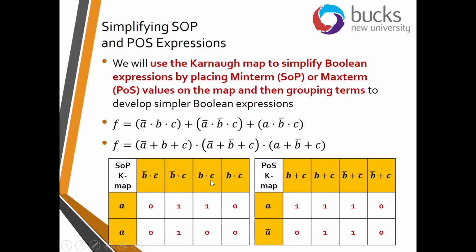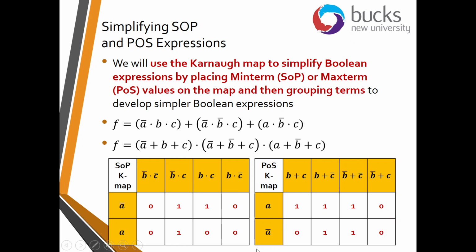Then I've looked for not A, not B, C, and there's a 1 there. And here I've got A, not B, C, and I've put a 1 there. So I've mapped the 1s on, and all the other cells obviously become 0s.